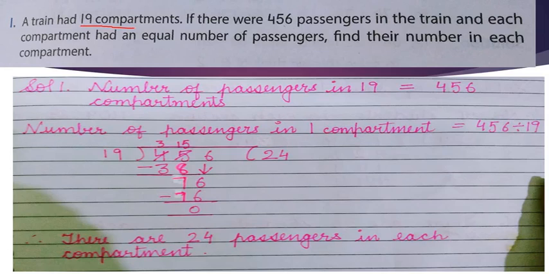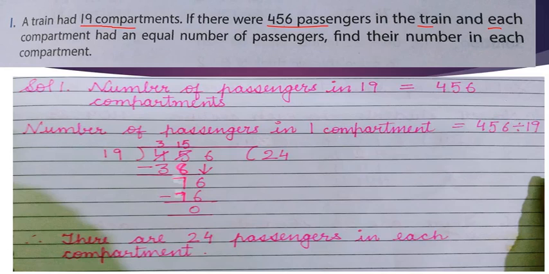Okay, and one complete train is divided into 19 compartments, and in the train they are saying there are 456 passengers. That means they are talking about passengers, they are talking about compartments. Okay, and each compartment had an equal number of passengers.